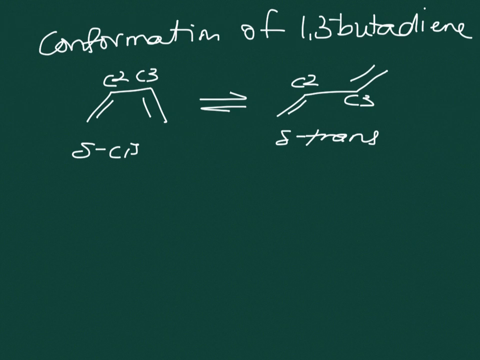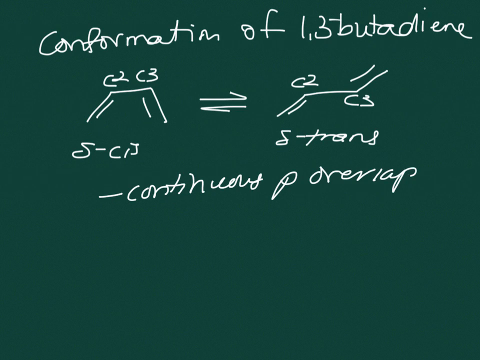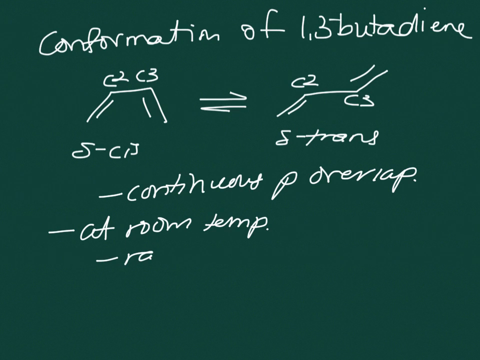In the S-cis conformation and the S-trans conformation, you still have a continuous p overlap. At room temperature, you have rapid conversion between the two forms.